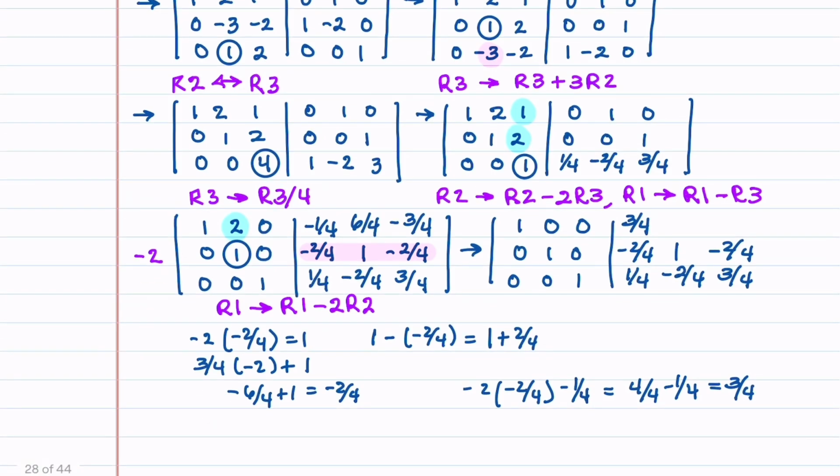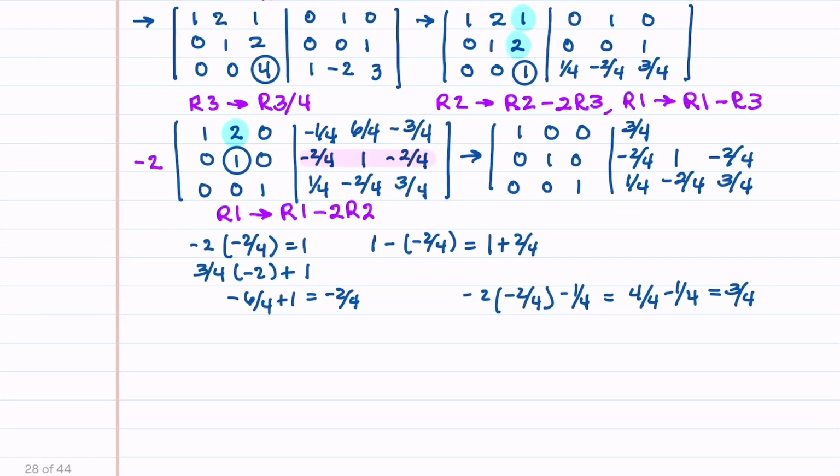Let me give us a little bit more space here. Now we're going to take a negative 2 times a 1. And then we're going to add 6 over 4. This is going to be equal to a minus 8 over 4 plus 6 over 4. That gives us a minus 2 over 4. We'll go ahead and put that in up here.